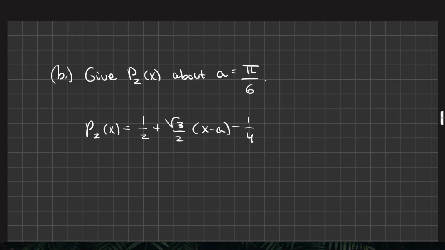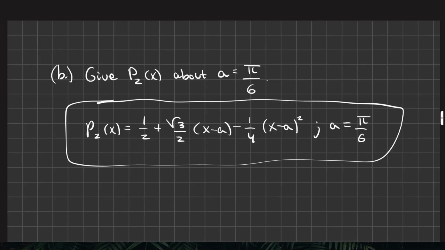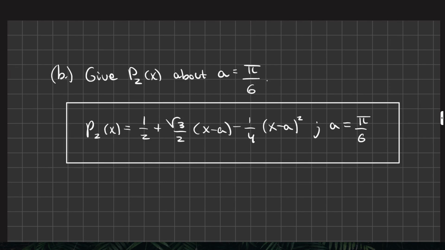I'm just simplifying that 2 factorial, x minus a squared, where a is equal to pi over 6. And so you could go in and plug in pi over 6 for a, and that would be an even more concise version. But as long as you have a Taylor series expansion, you can find the Taylor polynomial like that. Okay, so this part's easy.